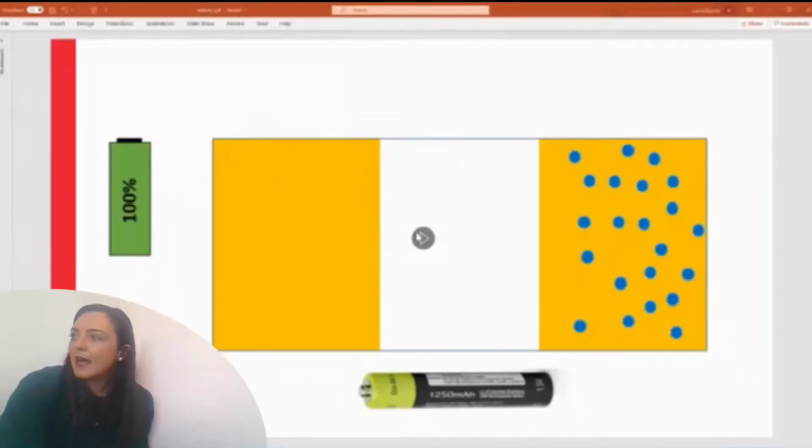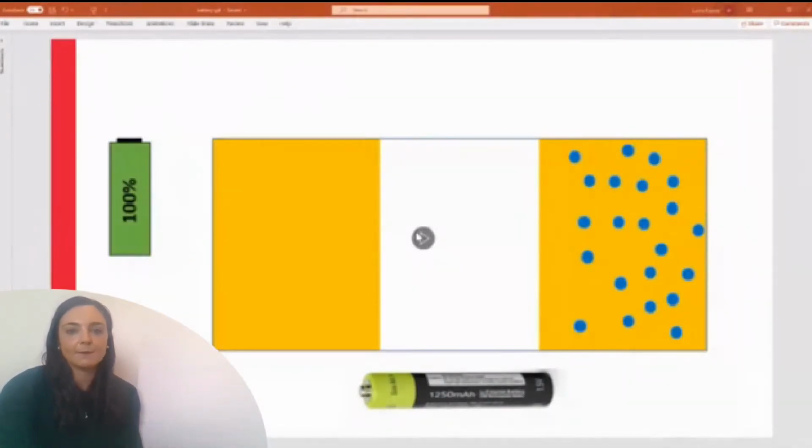So as I mentioned, these batteries that are in our cell phones and our laptops are known as lithium-ion batteries. So there's stuff called lithium inside. And when you use your phone, the energy to power all your applications comes from chemical reactions that happen inside the battery. So here, this blue stuff on the right-hand side is lithium.